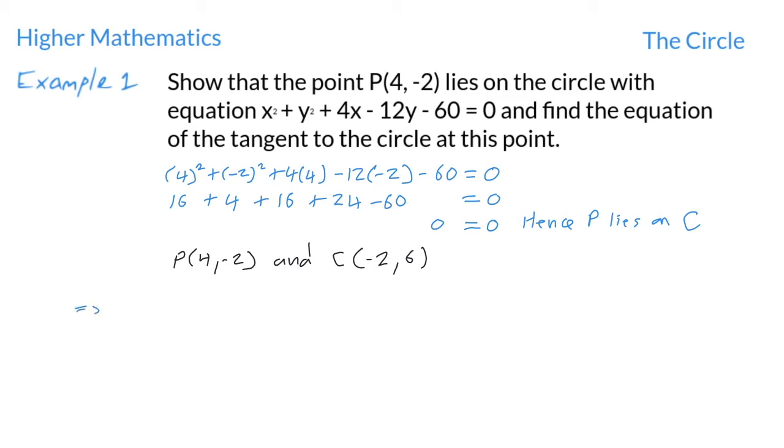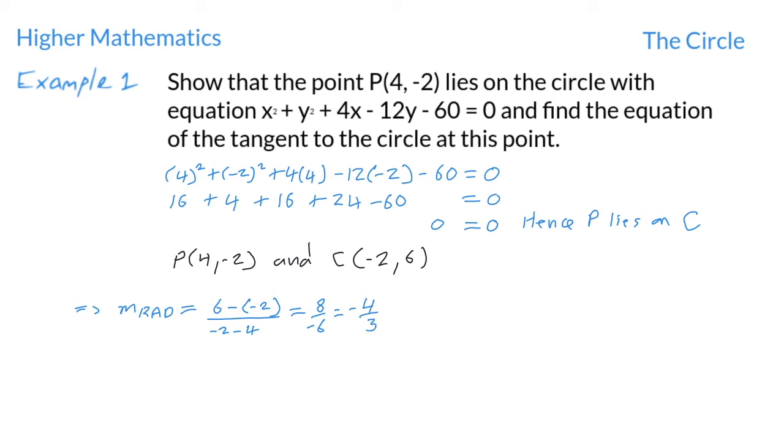Using these 2 points, we can now find the gradient of the radius. So m radius, or m rad, would equal y2 minus y1, that would be 6 minus -2, divided by -2, take away 4. That gives us the answer 8 over -6, or -4/3.